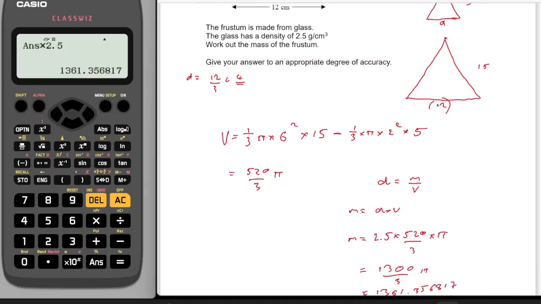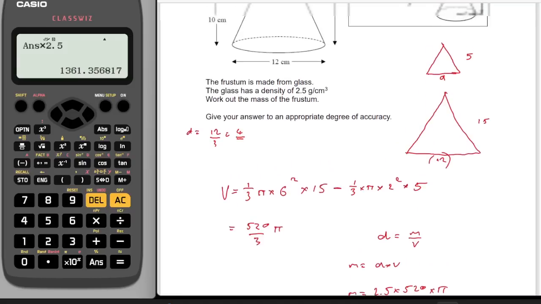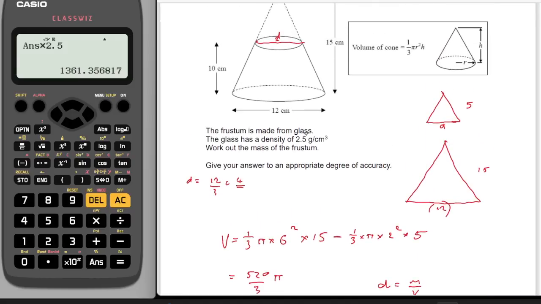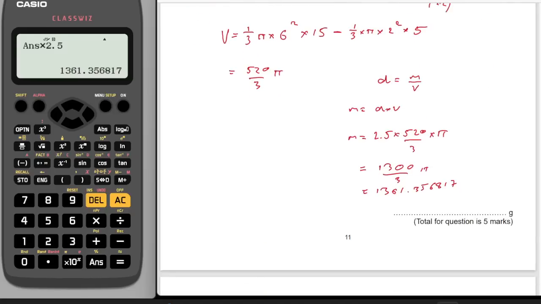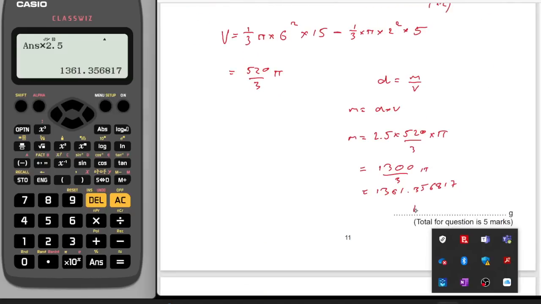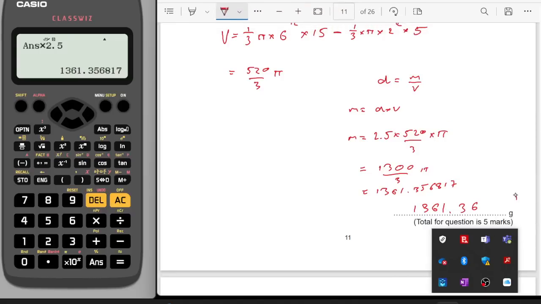I'm going to go to an appropriate degree of accuracy. I'm going to go 2 decimal places. My argument would be that's one significant figure greater than the information in the question. So I would go 1,361.36 grams.